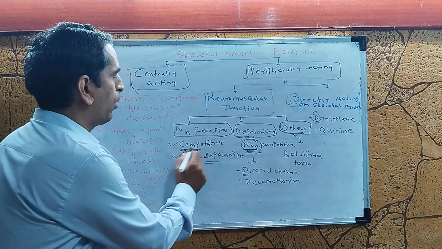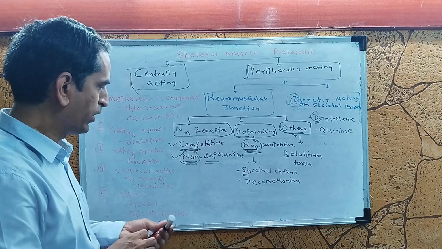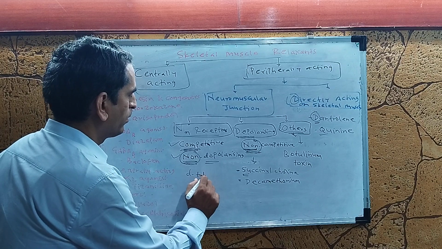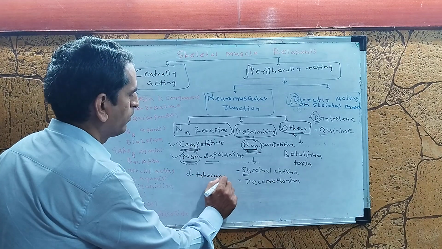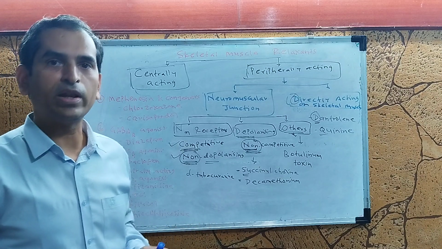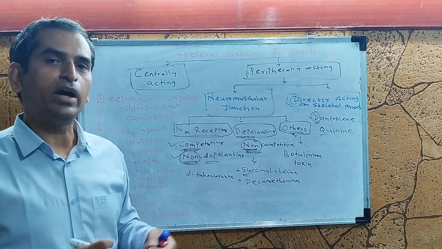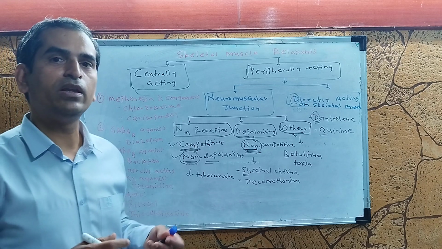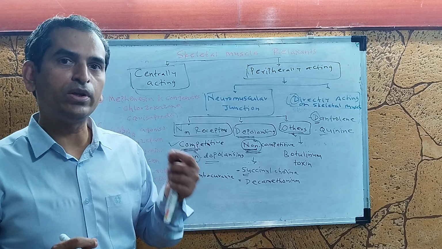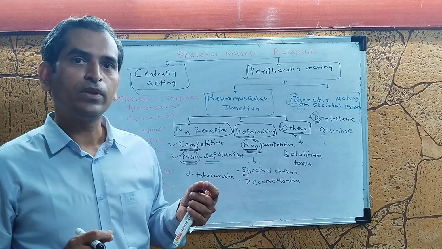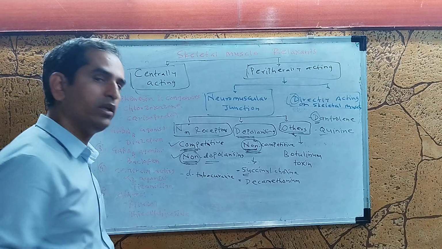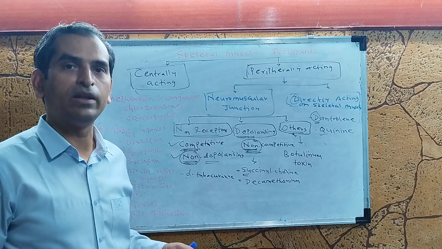Now the drugs which are competitive blockers, one example is D-tubocurarine. The name has come from curare. For animal hunting, some of the tribal people used arrow poison, and a constituent of that arrow poison was curare and the active component is D-tubocurarine. So D-tubocurarine is the drug which paralyzes the skeletal muscle.